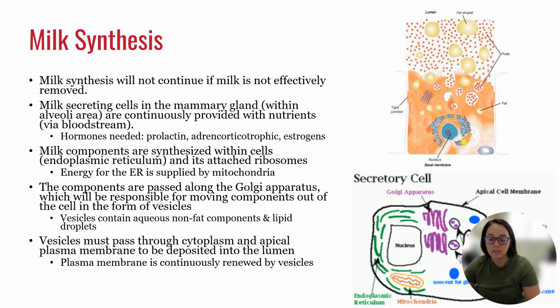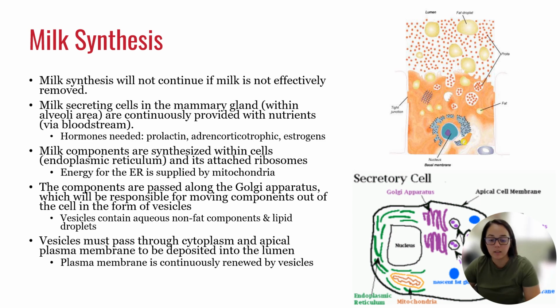So that basically is that vesicle that it's talking about. Within that vesicle are several milk components, but it needs to be in that vesicle to actually be able to make it back out of that secretory cell into the lumen as milk components, whether that's fat, proteins, etc.